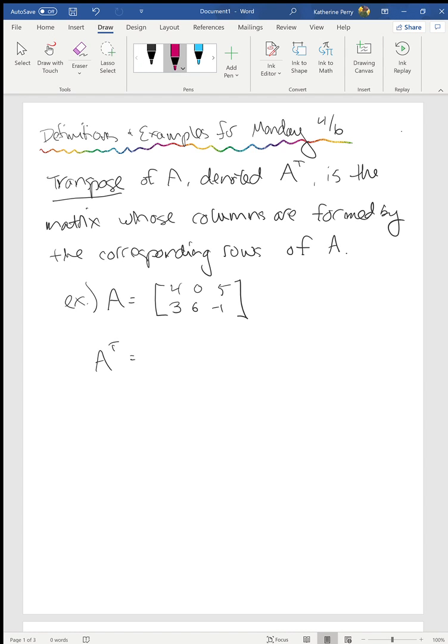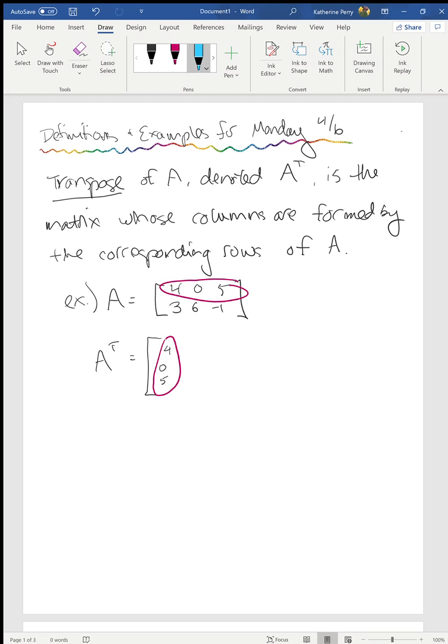So here we see that AT is a matrix whose columns are formed by the corresponding rows of A. So the first column of AT is going to be equal to the first row of A. So here I'll have 4, 0, 5.